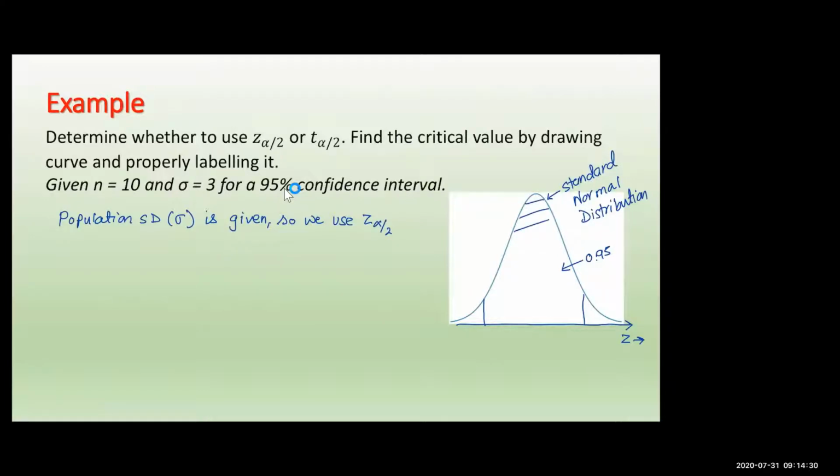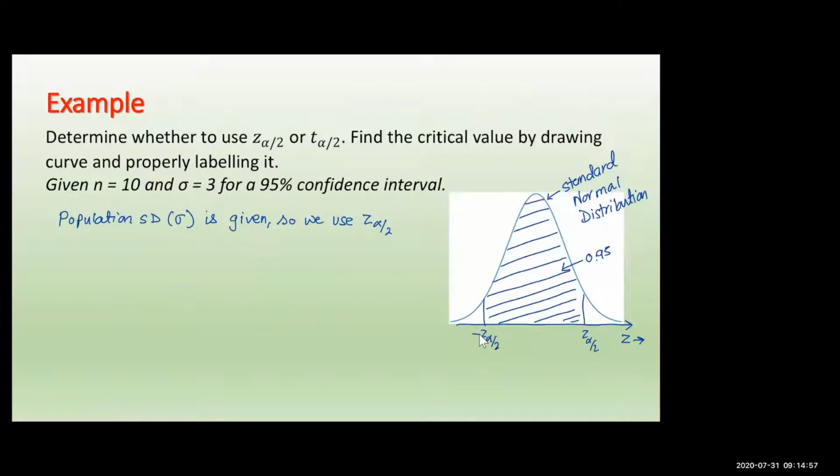Let's label that area. So this is our 95% area. And the value here is Z alpha over 2. By symmetry, the value on the left is negative Z alpha over 2.